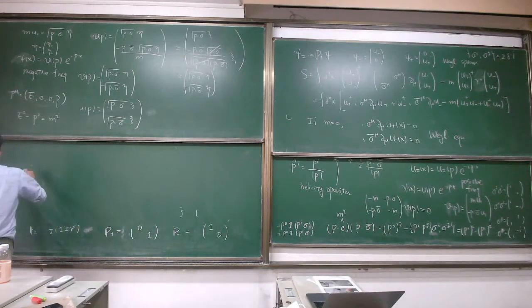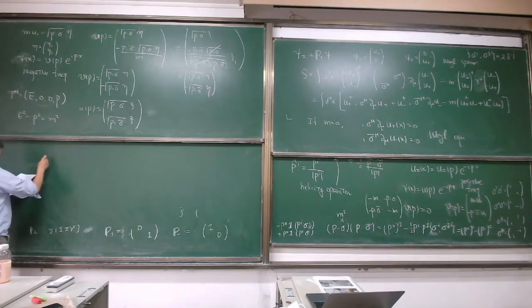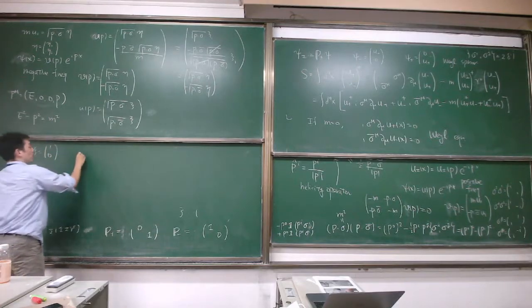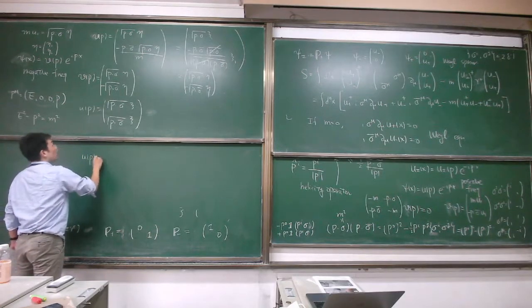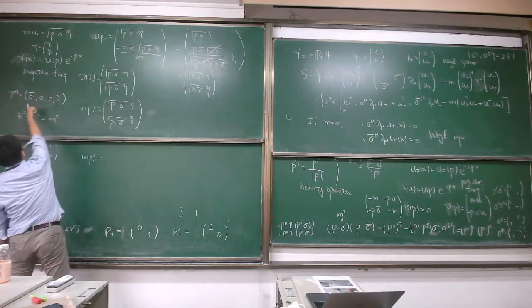So ξ is equal to (1, 0). If this is the case, u of p is equal to, and we just assume this one.